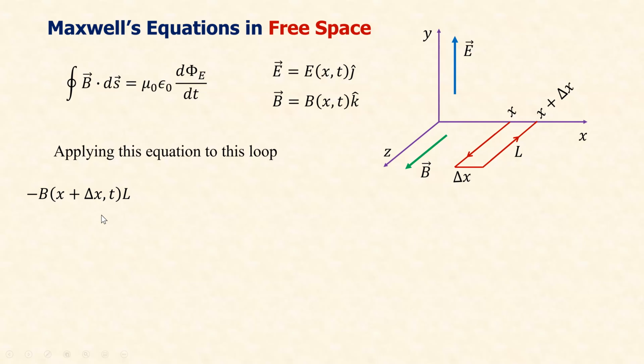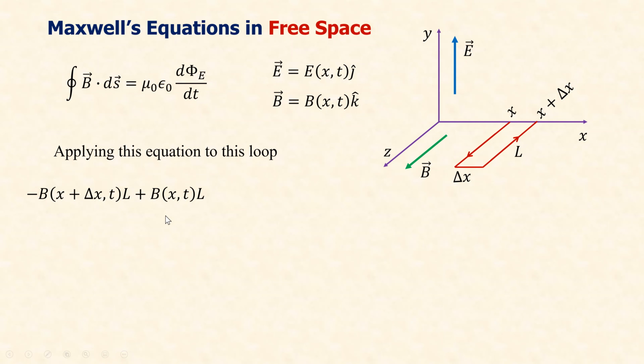So this is the part of this integral that is on this side, and as I said, these two parts are 0. Then on that side, because we're going in the direction of B, B dot ds is positive, and the integral becomes B evaluated at X and t times L. So it becomes plus B of X and t times L. The other one is B evaluated at X plus delta X because we are on that side.